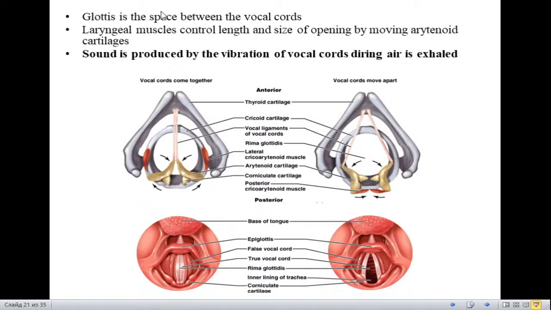So the glottis is the space between the vocal cords. Laryngeal muscles control the length and size of the opening by moving the arytenoid cartilage. As I mentioned above, most of these muscles are attached to the arytenoid cartilage. And sound is produced by the vibration of the vocal cords during the exhaling of air.